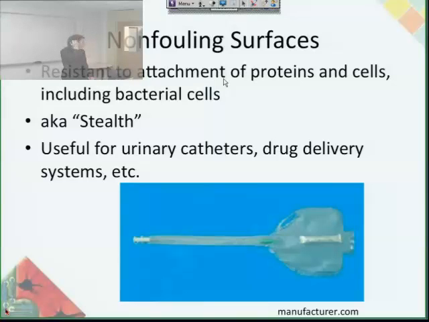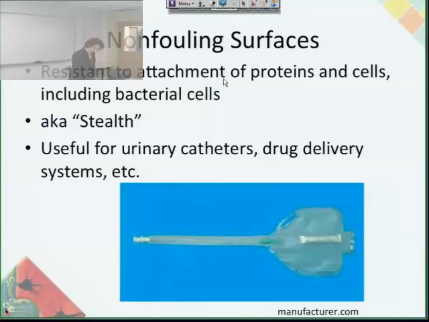The drug delivery applications are also really useful, because if the cells of the immune system can't attach to a circulating drug delivery system like nanoparticles or microparticles, then they can't clear it from the system, and you'll have a longer residence time of your drug delivery system before it's cleared. We'll go through that more in biomaterials too, but this is one application of the hydrogels.